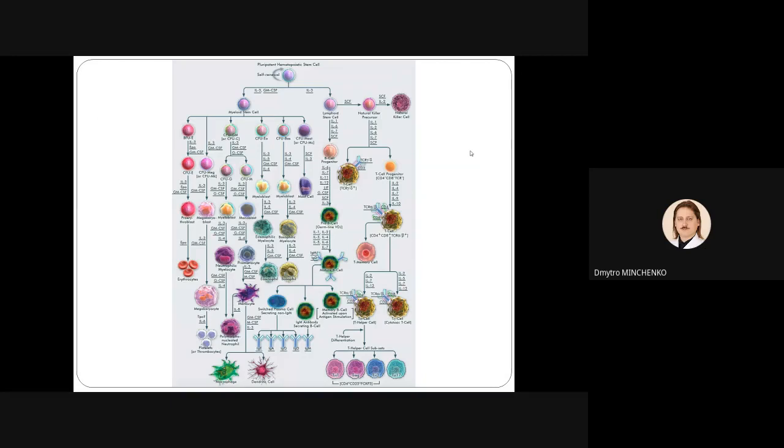Observe that the hematopoietic process requires various cytokines like interleukin 1, 6, 7, 3, 5, 4, etc., and various other factors in order for the precursor cells to mature into the final forms.